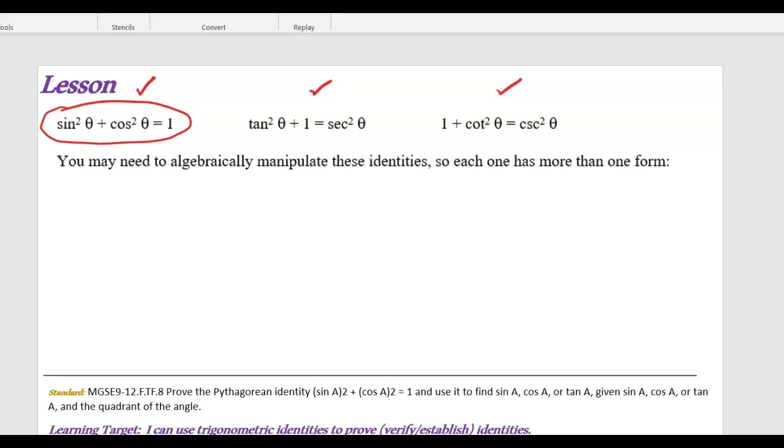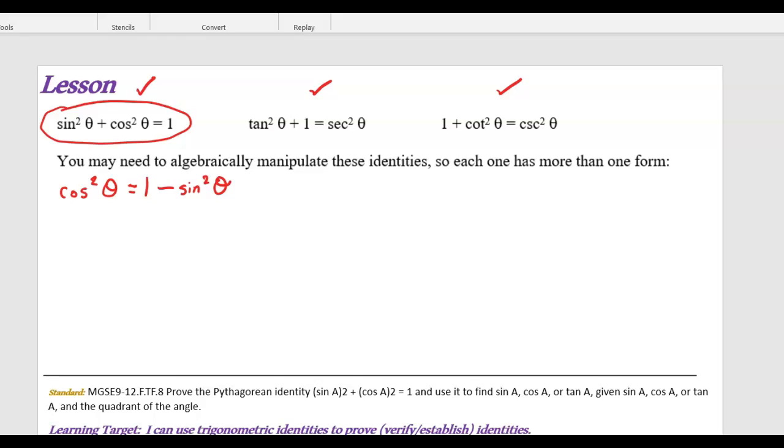And that will happen sometimes. But honestly, more often what you see is if I take both sides of this equation and subtract sine squared theta, then I'm going to get this version. This also is one of the Pythagorean identities.